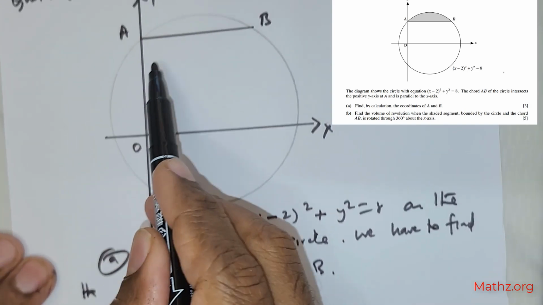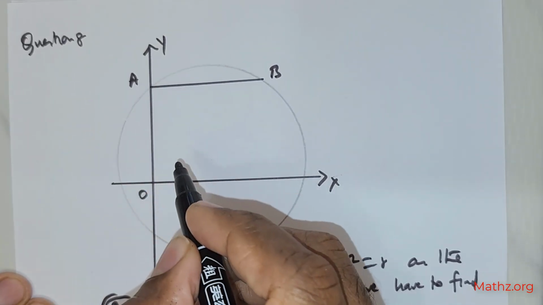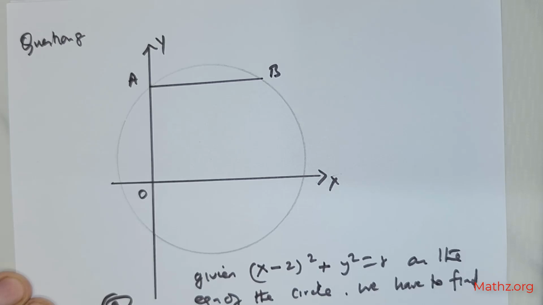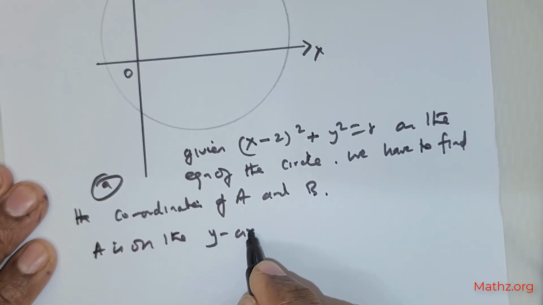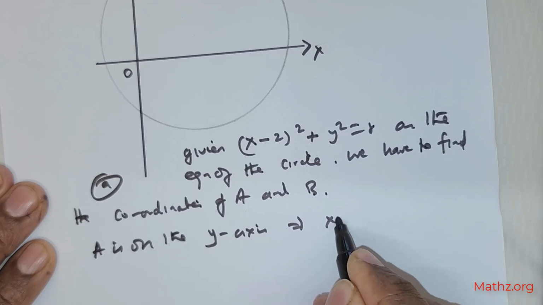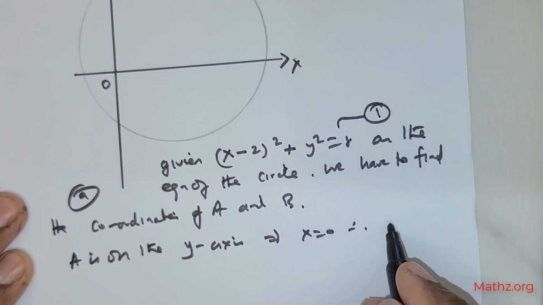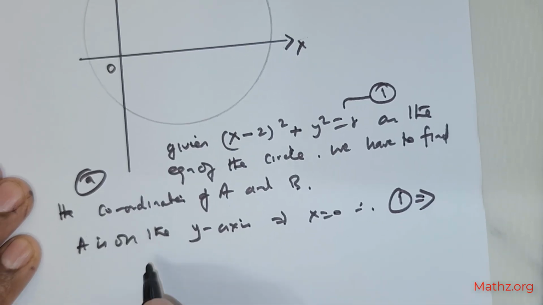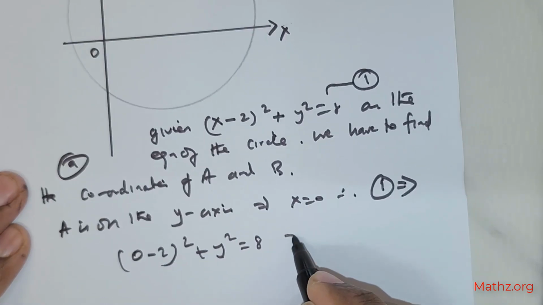So clearly, if you see, for coordinate A, it's on the y-axis. So that means the x-coordinate is going to be 0. So A is on the y-axis. So this means x is equal to 0. So therefore, I take this as 1. 1 is rewritten as (0 - 2) whole squared + y squared = 8.